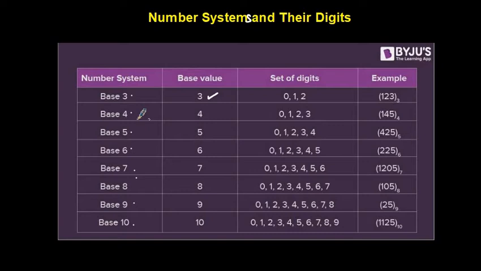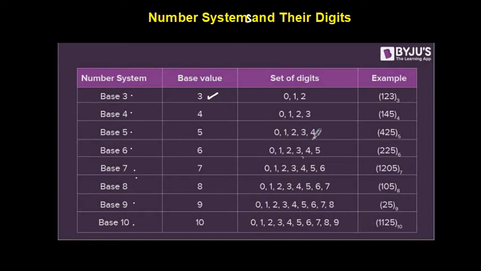For base 4, the base value is 4. The digits in base 4 are 0, 1, 2, 3. Digits in base 5, 0, 1, 2, 3, 4. Digits in base 6 range from 0 to 5. Digits in base 7 range from 0 to 6. Digits in base 8, 0 to 7. Base 9, 0 to 8. And base 10, 0 to 9.